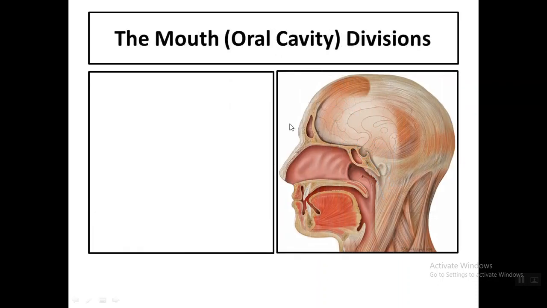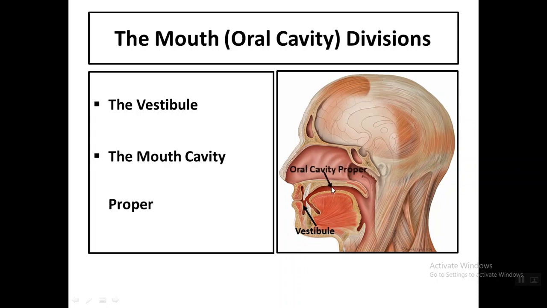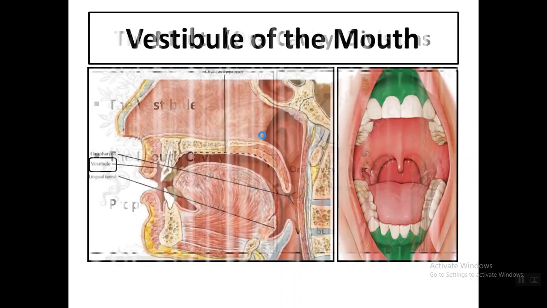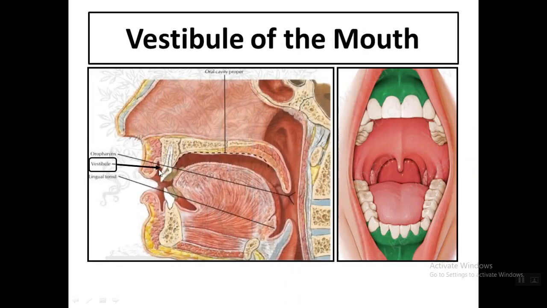The mouth or oral cavity can be divided into divisions. First, the vestibule. This is a slit-like space in between the lips and teeth, and the mouth cavity proper. The vestibule, this is the vestibule here, in the green color.